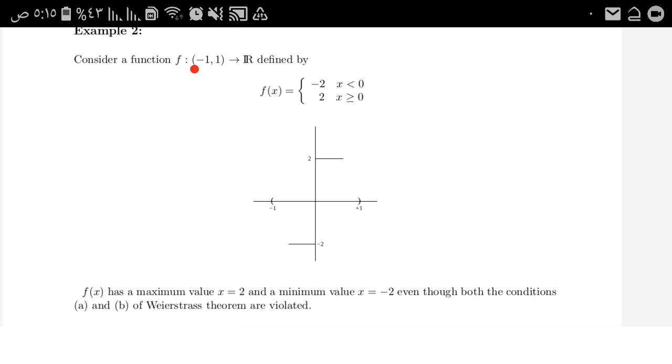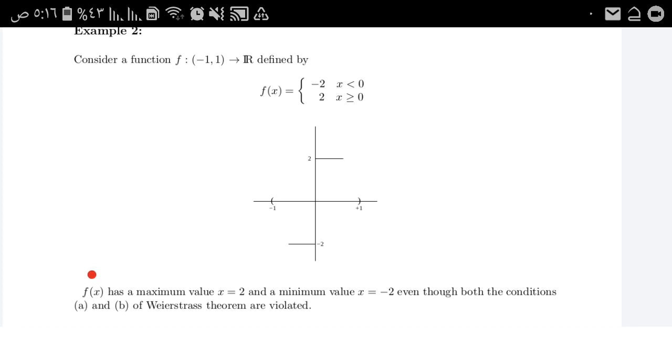Open interval -1 to 1 to R. Defined by f(x) equal to -2 when x is less than 0, and 2 when x is greater than or equal to 0. You can see the diagram of this function.